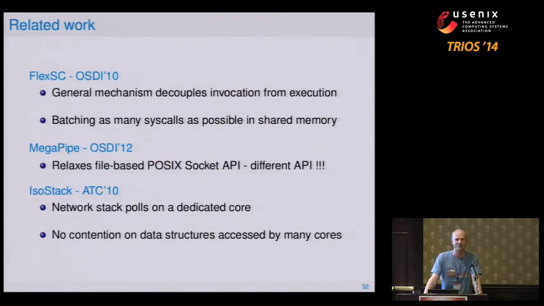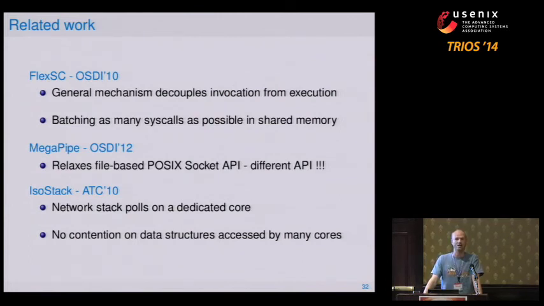Well, we are definitely not the first ones to try to tackle this problem. There has been a proposal by FlexSC for a general mechanism in Linux to avoid or at least reduce system calls by batching them together. Recently, MegaPipe showed also the benefit of reducing system calls by batching and by relaxing some of the constraints of the Socket API.